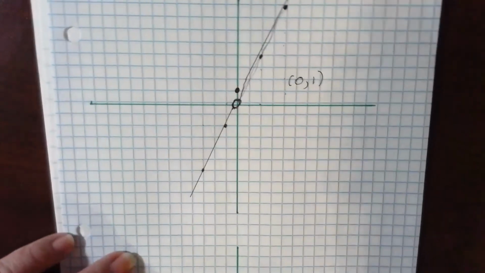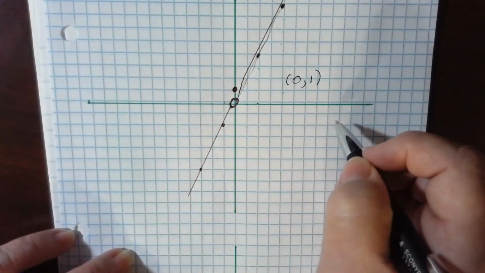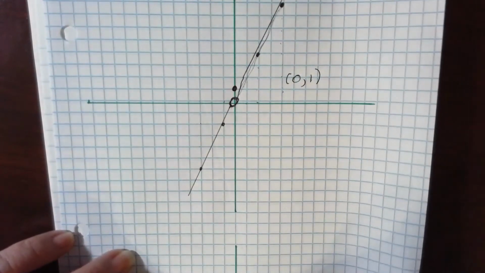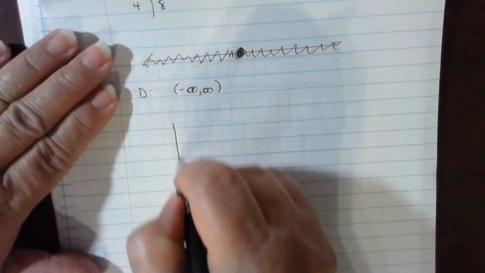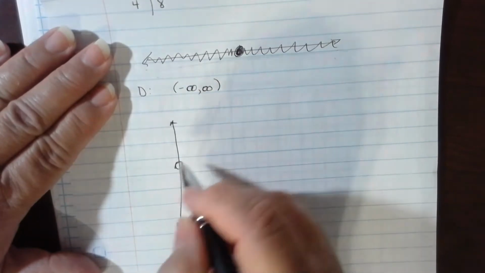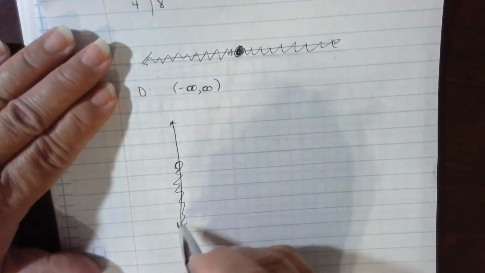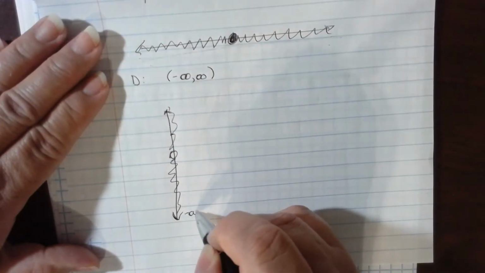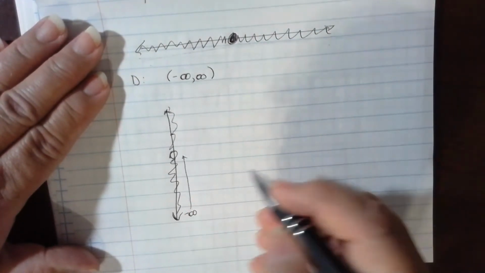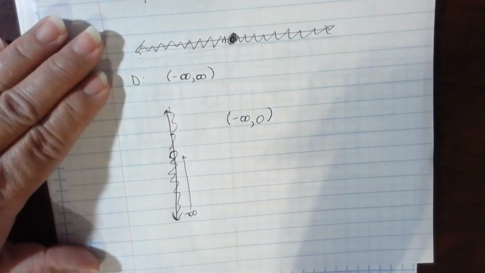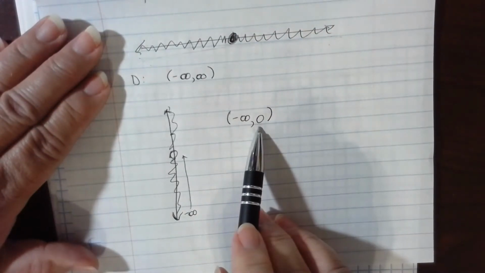So the way you write it to include everything except 0, think about what it would be on a number line. If you were doing a vertical number line and you're going to leave out the number 0, you would include all of this and all of this. So it goes from negative infinity up to 0 with an open circle because 0 is not included.